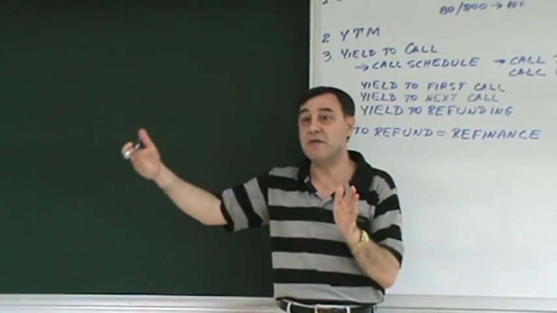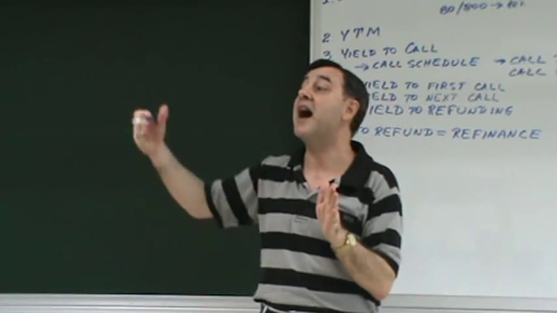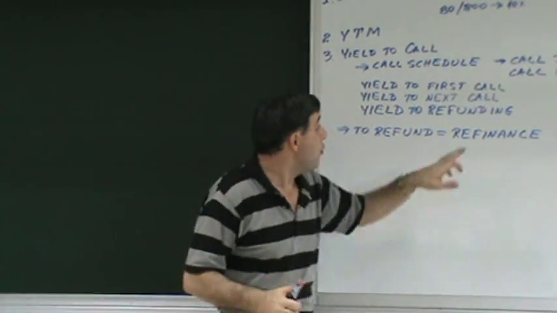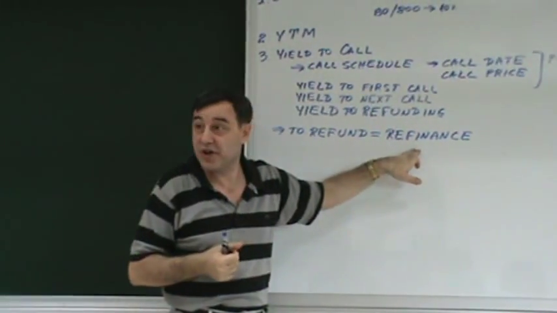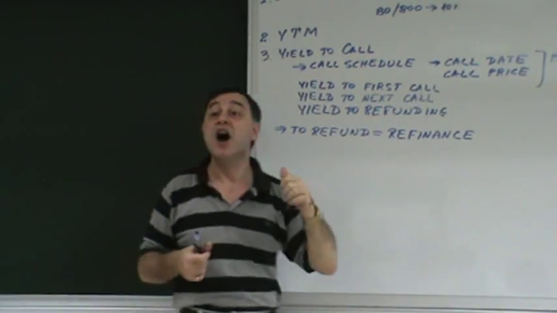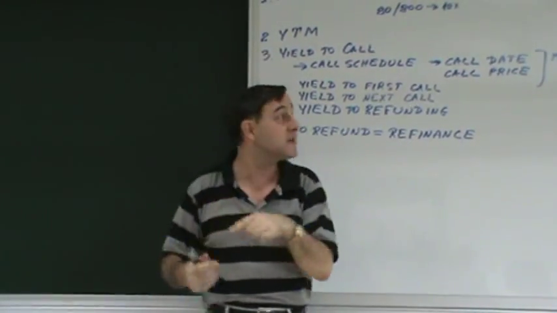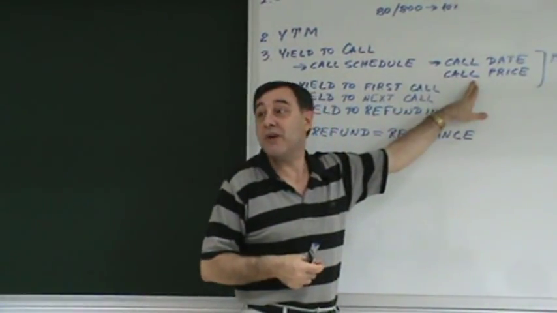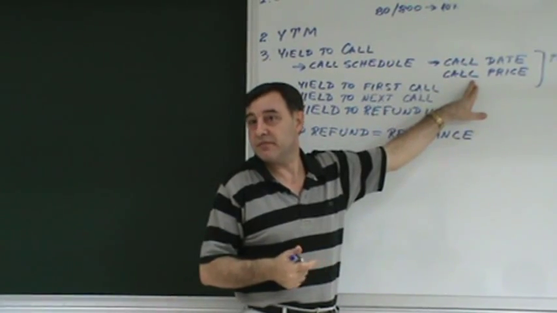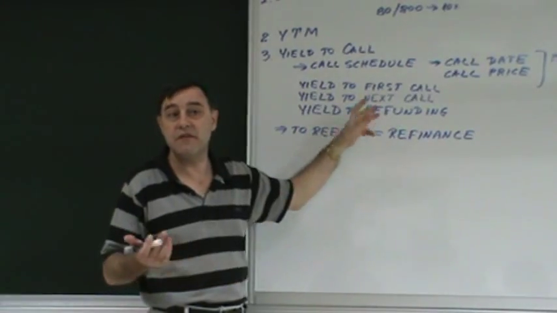And if they can't refund for another 4 years, this means that the first refunding can come after 4 years. Well, you will calculate yield to refunding, assuming that after 4 years, they will refund at the call price 4 years from now. And that's yield to refund.